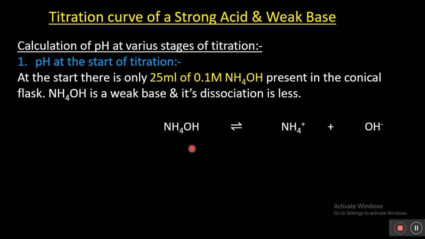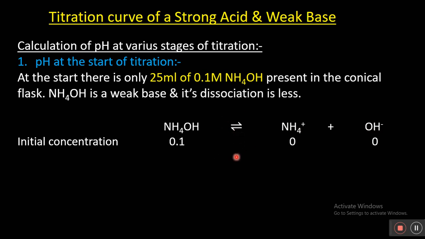Initially, before dissociation, the concentration of ammonium hydroxide will be 0.1 and the ammonium ion and hydroxyl ion will be 0. Why? Because this is the initial concentration before dissociation. After a certain time, some amount of ammonium hydroxide will get dissociated into NH4 plus and OH minus ions, and there will be equilibrium formation.